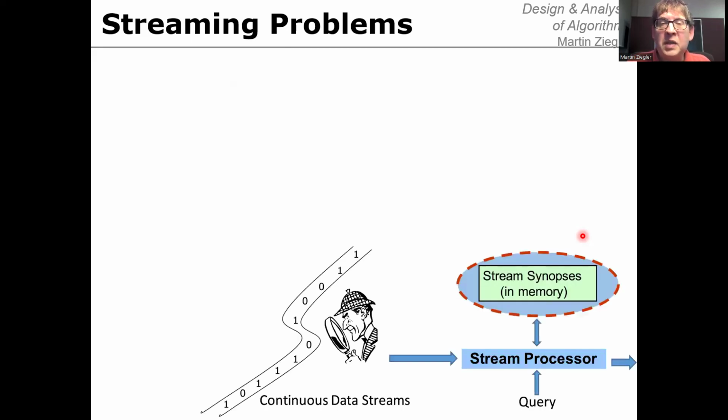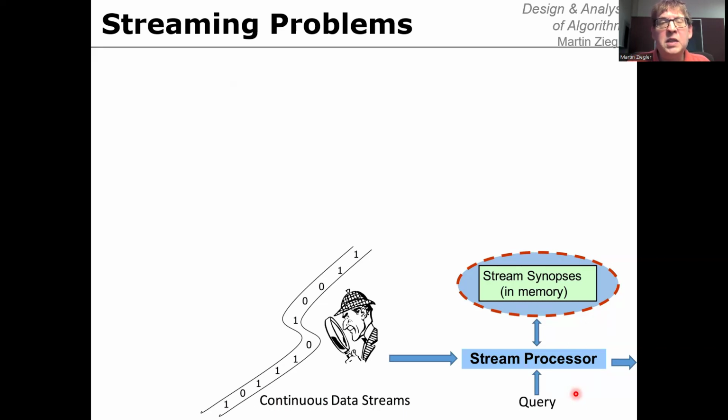So here's a schematic picture. Here's the stream running by, and the stream processor receives a query to get some information about the stream, but it has very limited memory, and thus is supposed to store only very little about the stream, just in order to be able to answer that query.